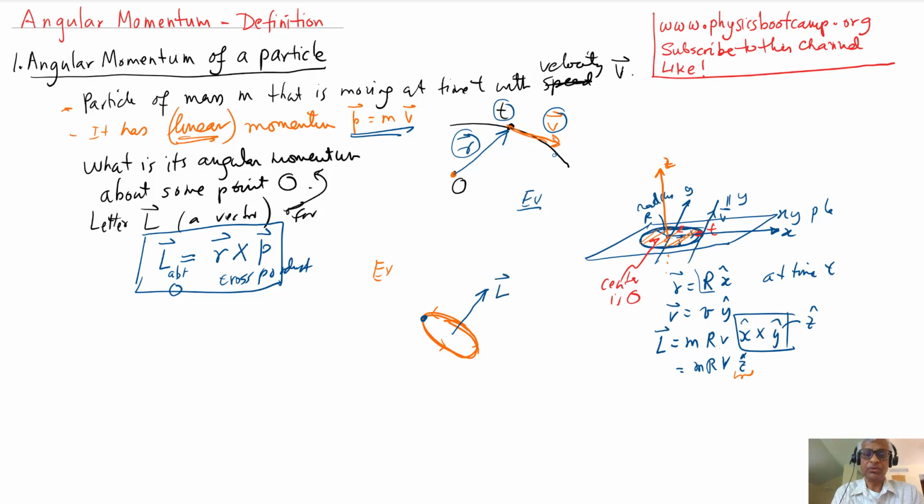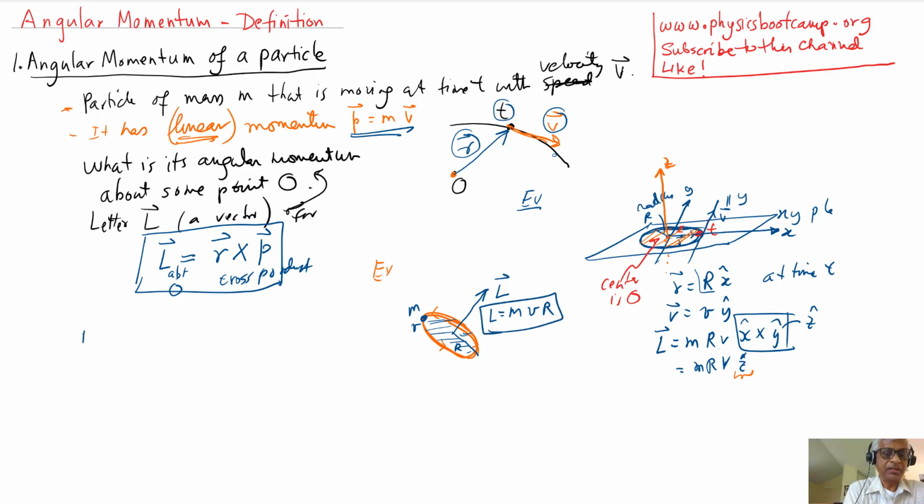So if something is going in this circle, it's going to be perpendicular to the area of the circle. And of course, magnitude wise, L will be equal to mass times the speed v, and the radius is r. It's going to be like that.